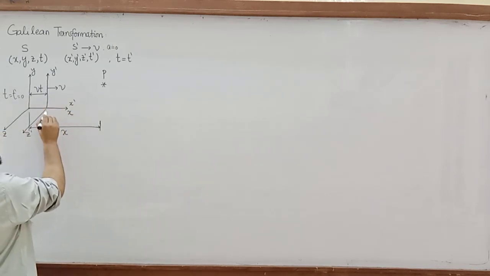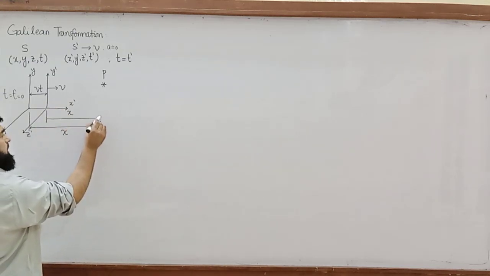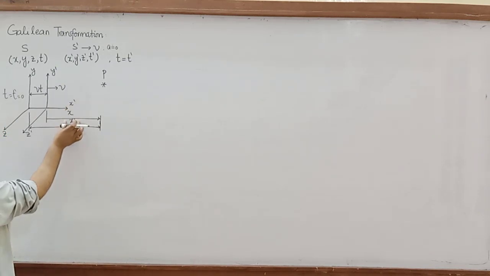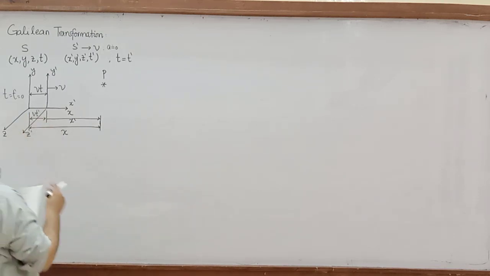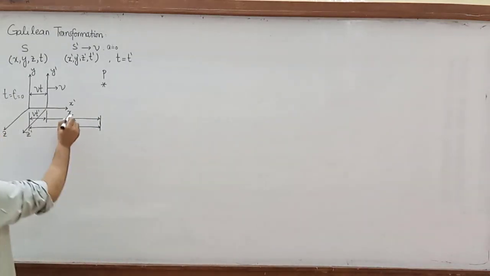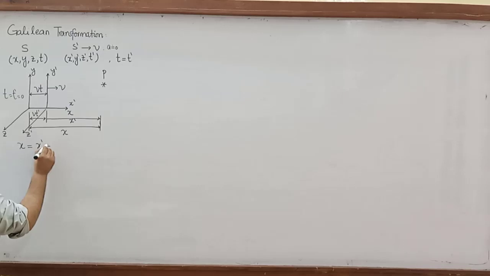While if this one will be measuring, then this distance is x prime. So here, this distance is additional, and this is equal to Vt prime. And now I can write that from here, x is equal to x prime plus Vt prime.